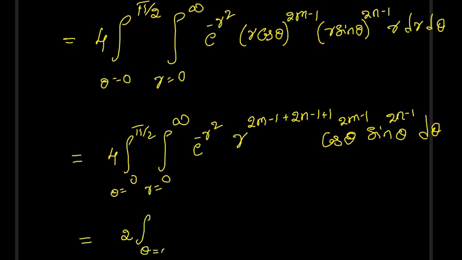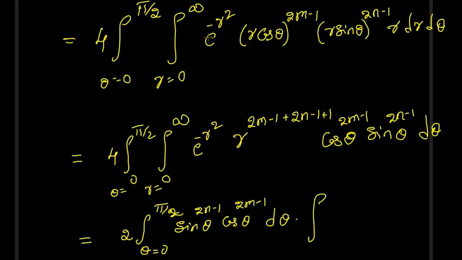So this is 2 times the integral for theta from 0 to pi by 2 of sin theta to the power 2n minus 1 and cos theta to the power 2m minus 1 times d theta, and this is exactly beta(m, n), times again 2 times the integral for r from 0 to infinity of e to the power minus r squared, r to the power of 2 times (m plus n) minus 1 times dr.